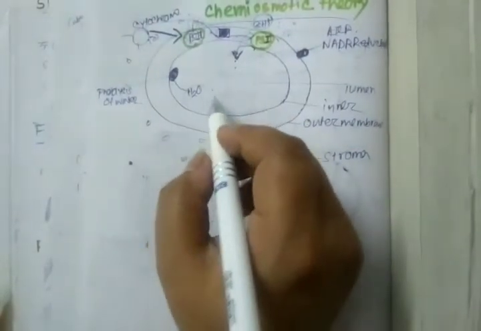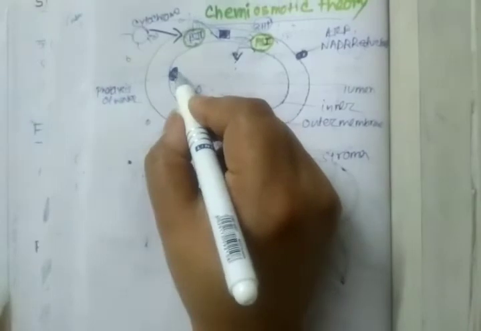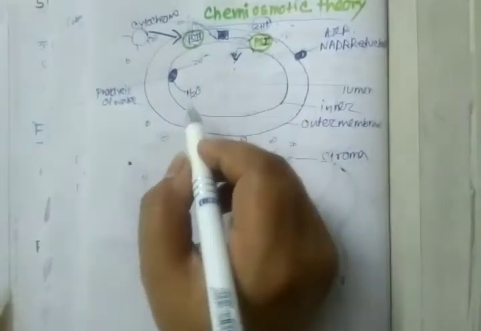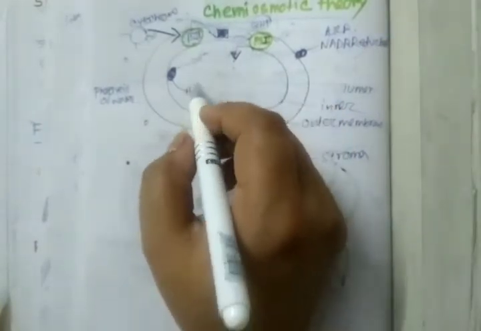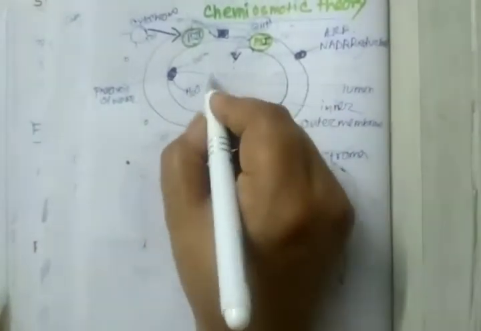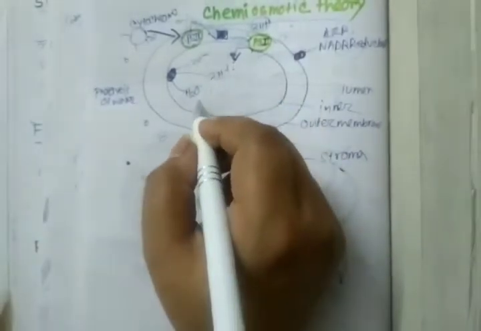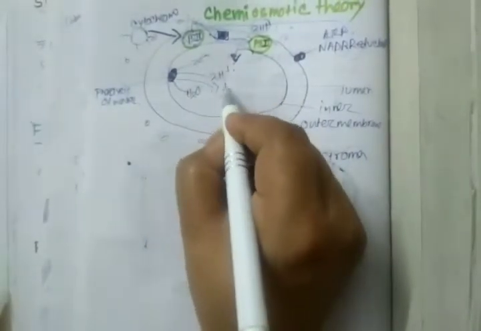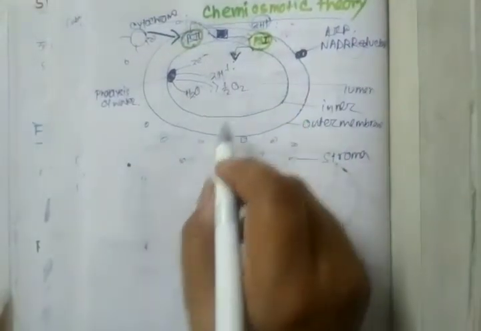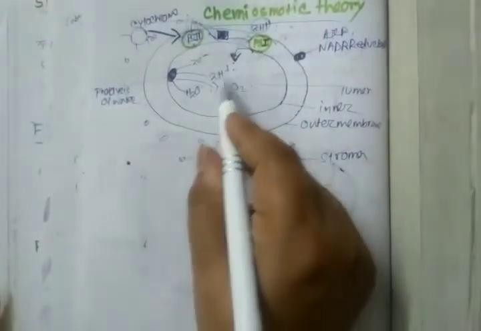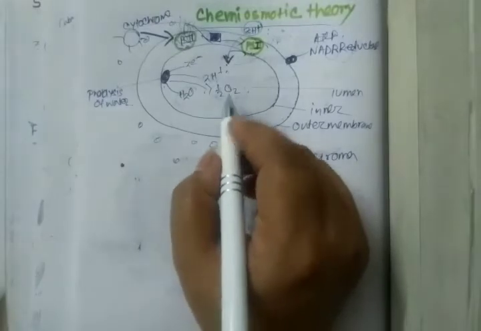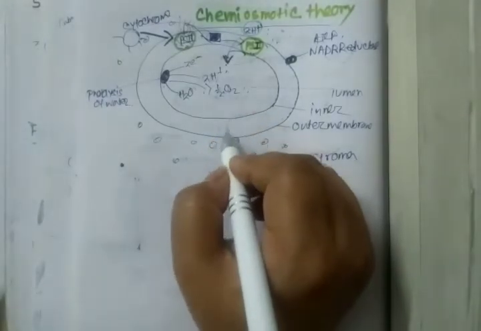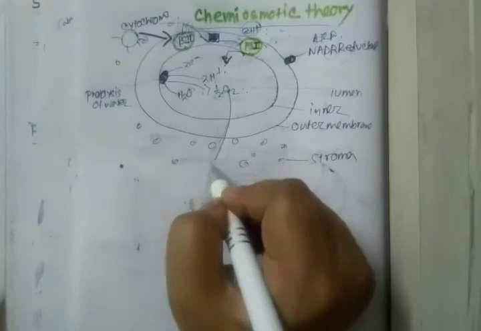So three things are released, that is a pair of electrons, which is given to PS2, a pair of hydrogen, and half of oxygen, one oxygen atom. This is the byproduct. Oxygen is the byproduct. So O2 is produced in the lumen and then it will be diffused out and given as byproduct.